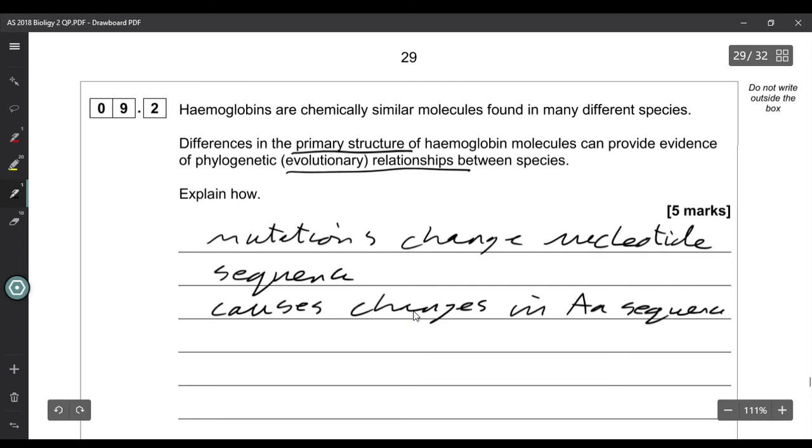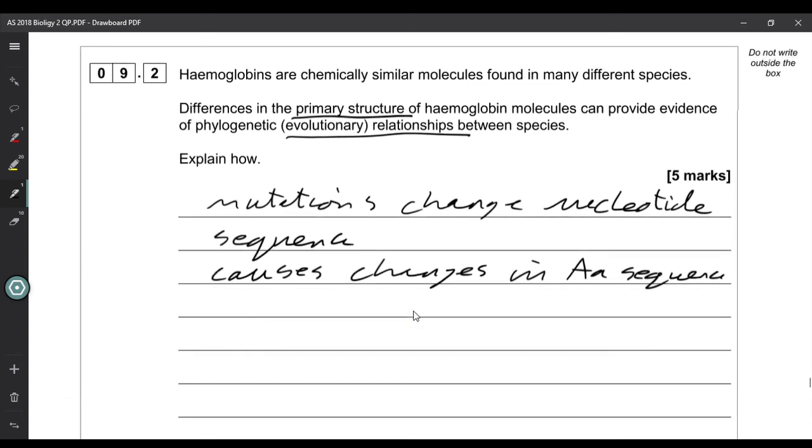So we've described how the amino acid sequence changes. It's through mutations in the nucleotide sequence.